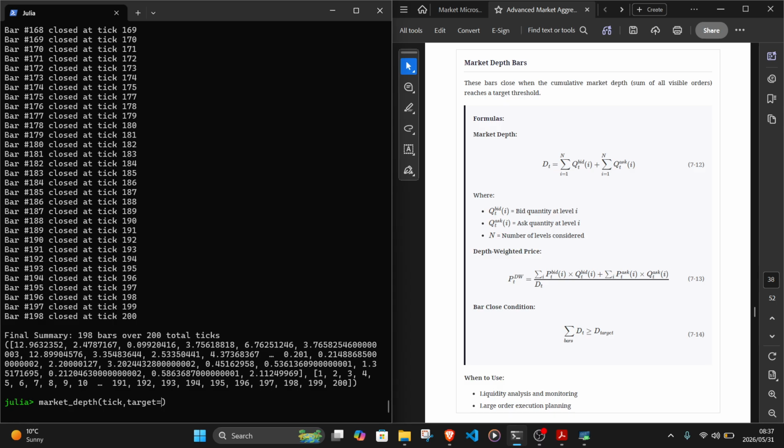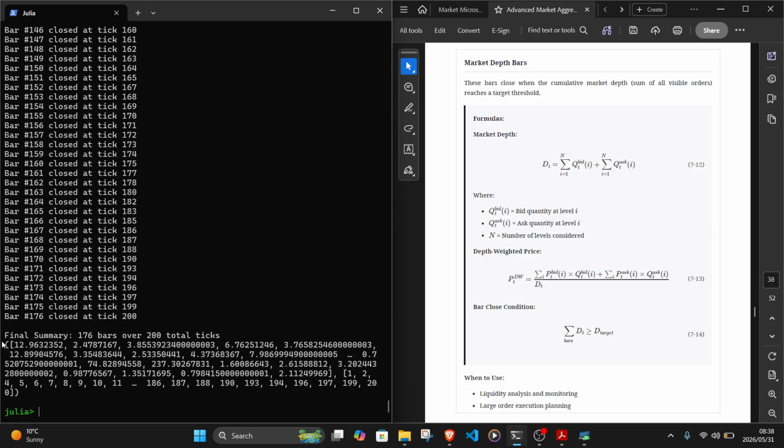I'm going to push this to 0.5 and see how many bars get triggered and how many ticks are left that are not triggered, right? Now, a final summary says that we have 176 bars that met this condition, and we have over 200 of the processed ones.